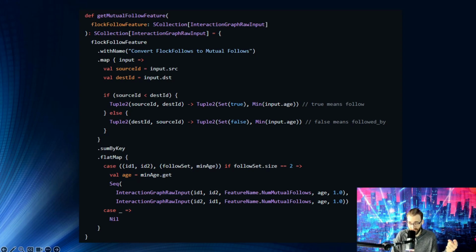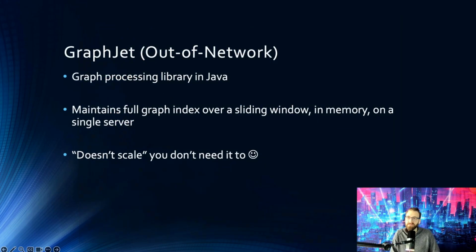The destination is someone that it's checking to see if I follow. And then it figures out how close we are together. So, nothing crazy. We can kind of figure this out as we're going along. And those are the two that really constitute the in-network. The out-of-network one, it does graph processing.